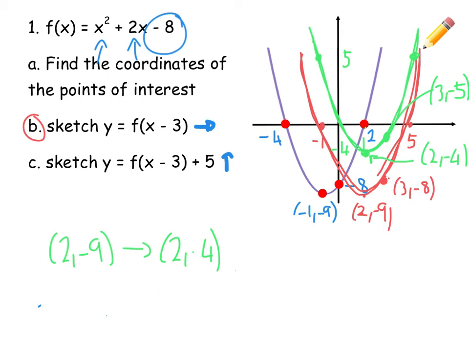No, not 3, -5. I can't add on 5. It would be 3, -3. Sorry. Right, so that's that one. And I know it's a wee bit messy. Generally, though, in the exam, they will probably ask you to go straight to part C and just draw the one diagram. I'm just trying to build it up for you.